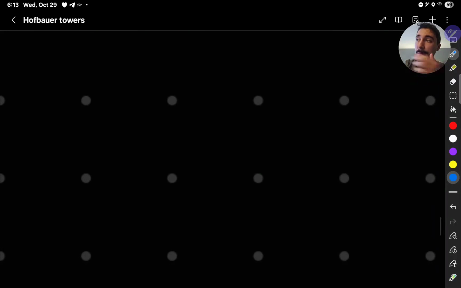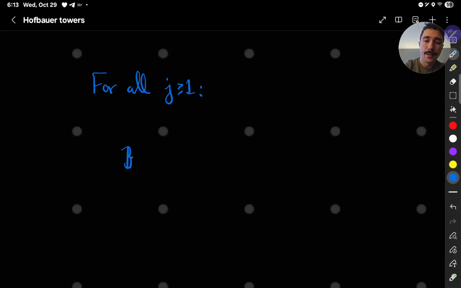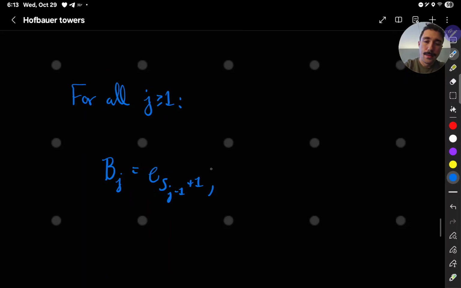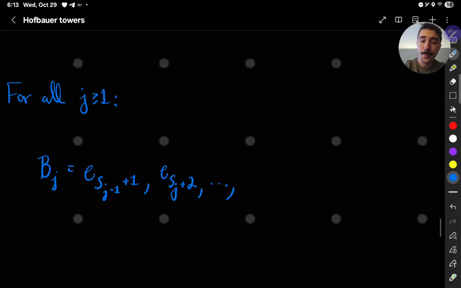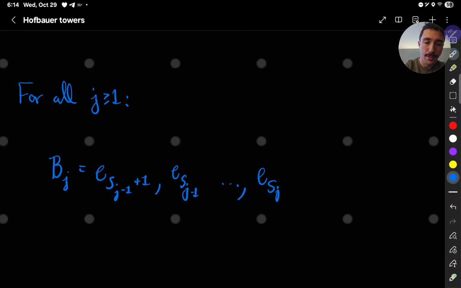So I'm going to claim for all j greater than or equal to 1, define this thing, b sub j, to be E sub S sub j minus 1 plus 1, E sub S sub j minus 1 plus 2, and so on, up through E sub S sub j.